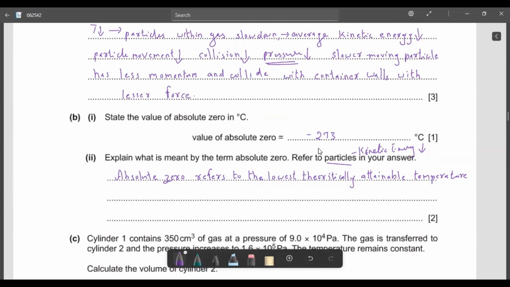It is the lowest theoretically attainable temperature where the thermal motion of particles within a substance theoretically ceases entirely.